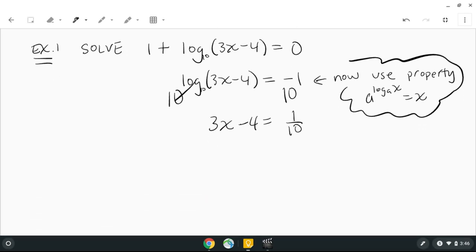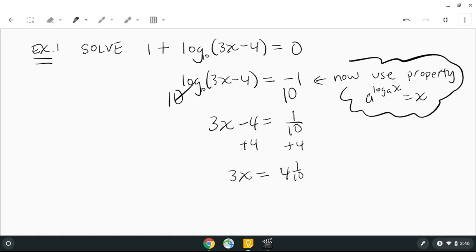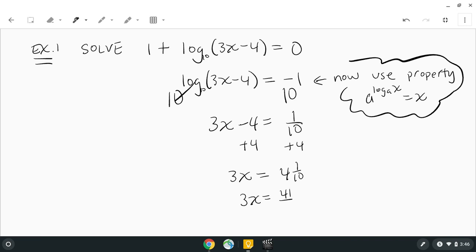Now we can solve for x as usual. We'll add 4 to both sides and you get 3x equals 4 and 1/10. That's the same as 41 over 10.